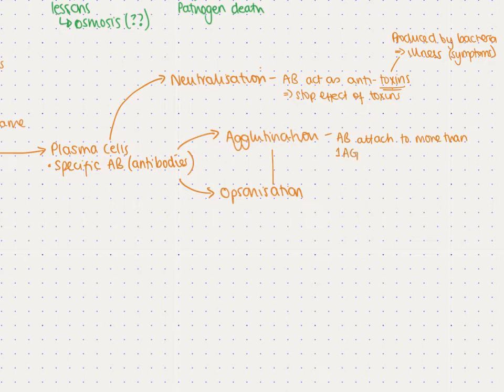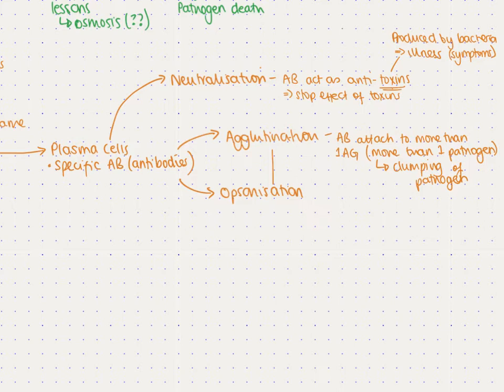And these antigens that they attach to are normally found on more than one pathogen. Okay, so that means that what we actually get is a clumping of pathogen cells. Okay, so they're in a big block now rather than just individually floating around.